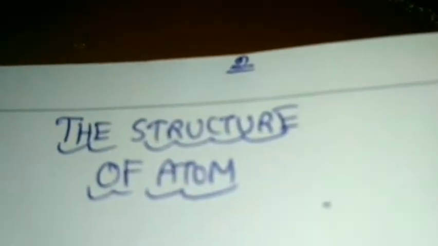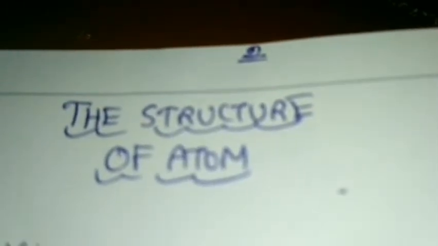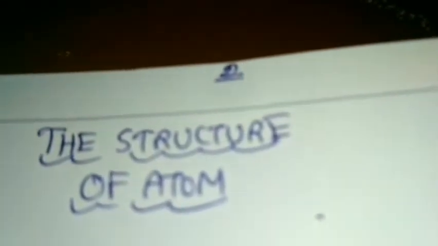At first, who actually introduced the idea of the atom? Let's see some history about the atom at the beginning. The philosophers from Greece discovered so many things existing in science.